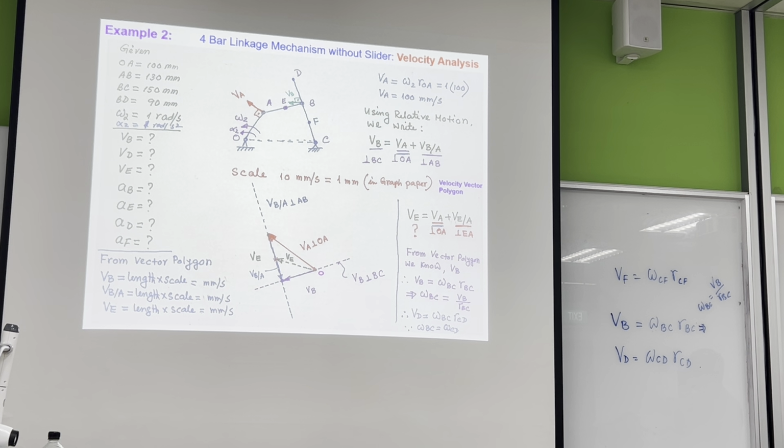Is it clear? So you write, as our F point and our D point are located on the BC link, which is rotating in relation to C, therefore omega BC equals omega CD equals omega CF.